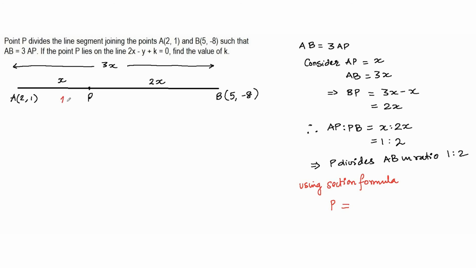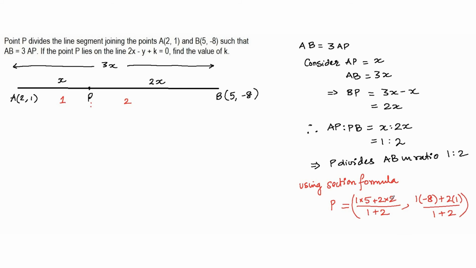So the ratio is therefore 1 is to 2, and therefore P is going to be 1 multiplied by 5 plus 2 multiplied by 2 divided by 1 plus 2, comma, the y coordinate of P is 1 multiplied by minus 8 plus 2 multiplied by 1 upon 1 plus 2.